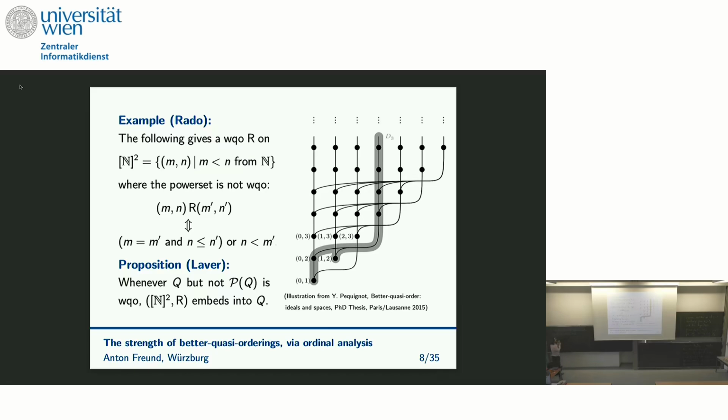And maybe I actually want to write it the other way around: n_0 is smaller than m_i. Because then you immediately see, this is the second clause in the definition. The second component here is smaller than the first component of some other pair. So then the pair (m_0, n_0) will be R-below the pair (m_i, n_i) for that reason.